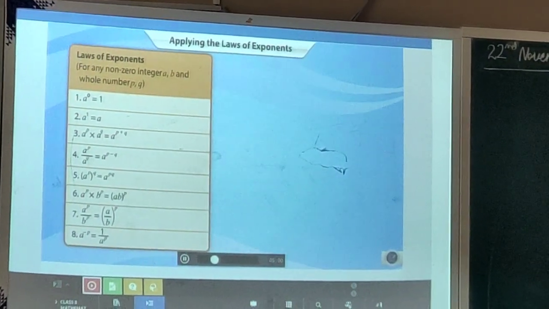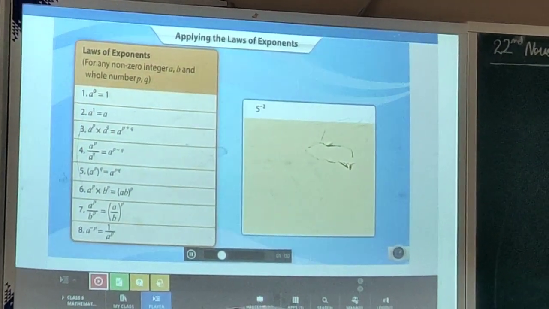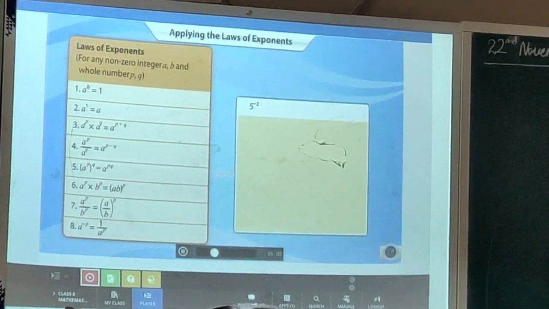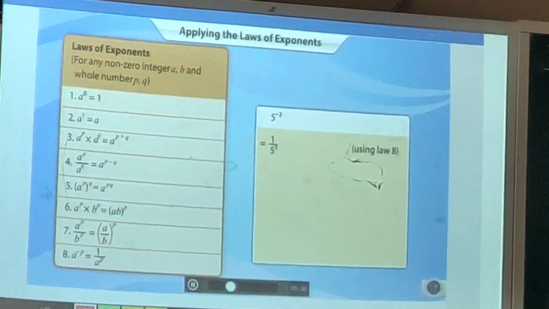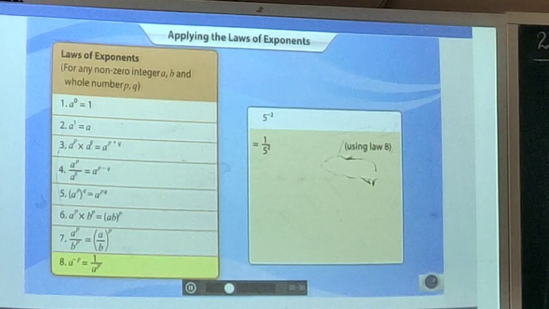Let us begin with a simple problem. 5 to the power of negative 2. Notice that the power on 5 is negative 2. So, in order to simplify this expression, we must use law 8 from the table.